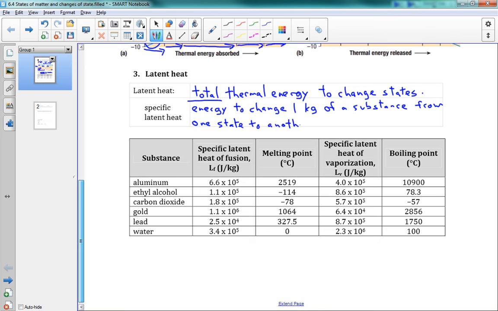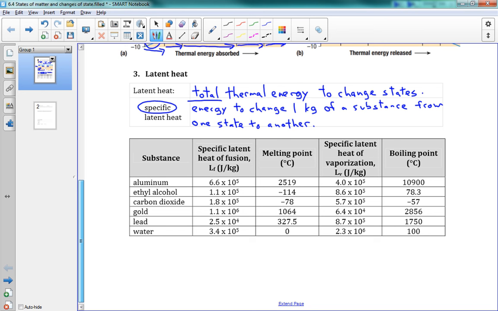And it's just like our specific heat capacity, where that was to change 1 kilogram by 1 degree Celsius. So when we see this word specific, it generally means we're only looking at 1 kilogram and 1 degree Celsius instead of looking at the total.